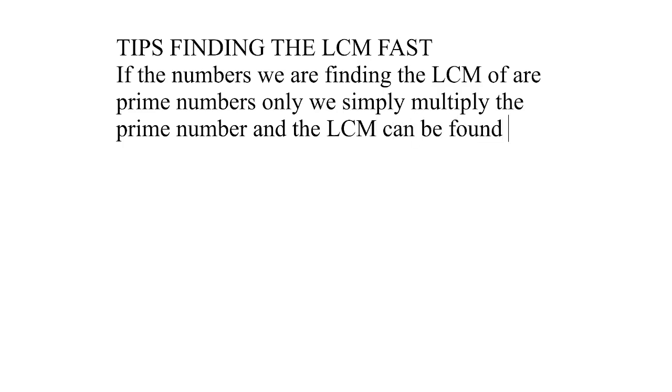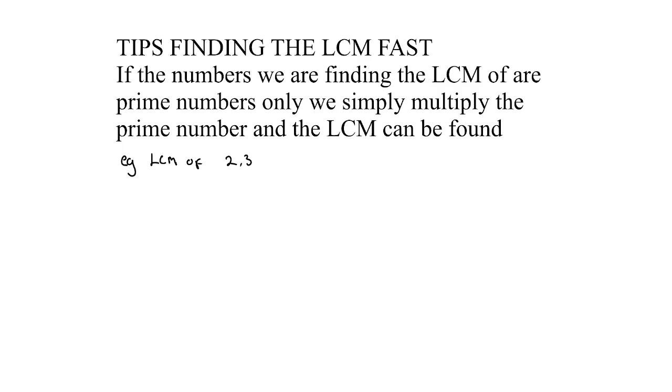So, for example, because I always like to do examples, right? Let's just say I need to find the LCM of 2 and 3. Now, 2 and 3 are both prime numbers, and if we forget what a prime number is, it is a number that is divisible by itself and 1 only.